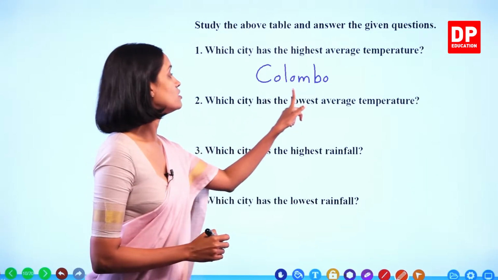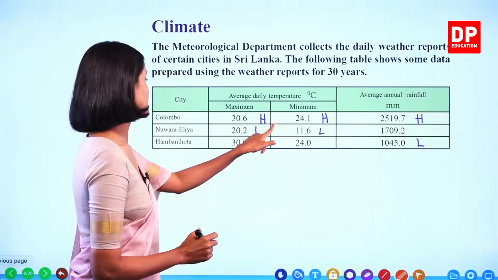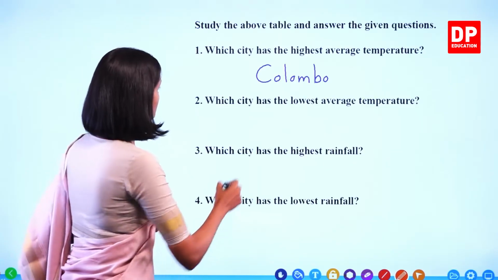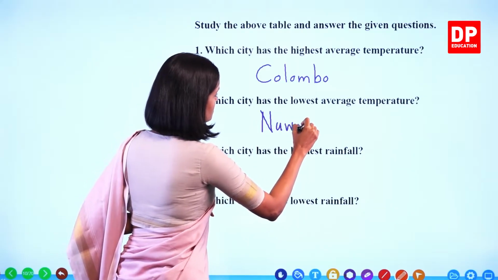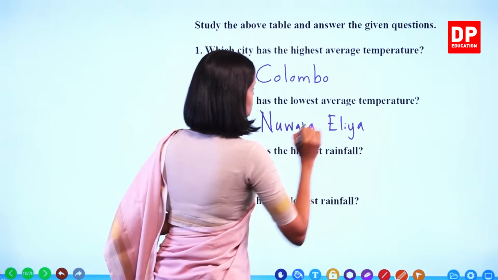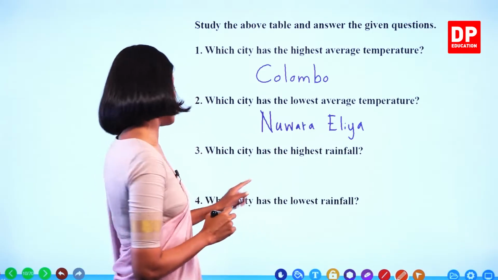Which city has the lowest average temperature? It is Nuwara Eliya, in both the columns, okay? Which city has the highest rainfall?